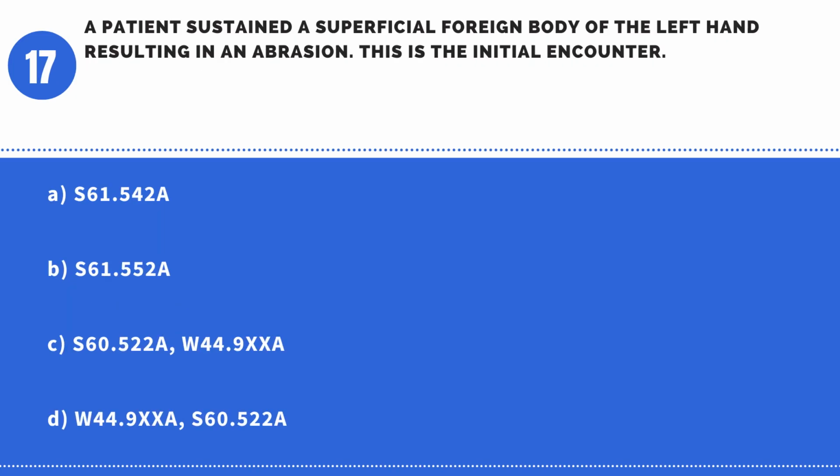Question 17. A patient sustained a superficial foreign body of the left hand resulting in an abrasion. This is the initial encounter. A. S61.542A. B. S61.552A. C. S60.522A, W44.9XXA.